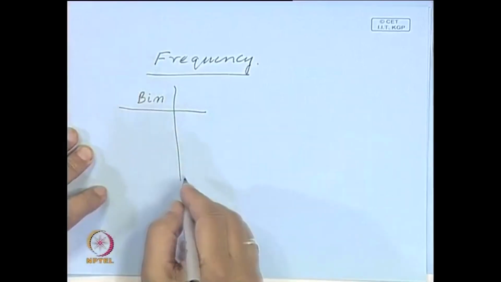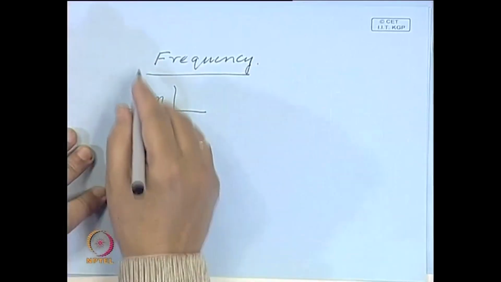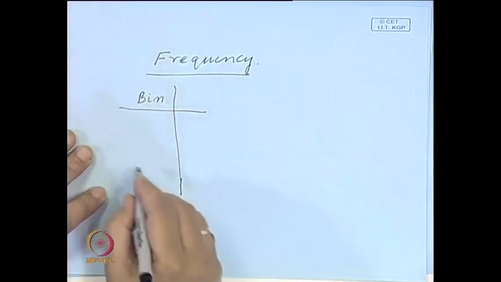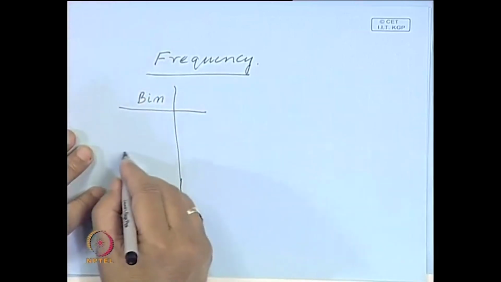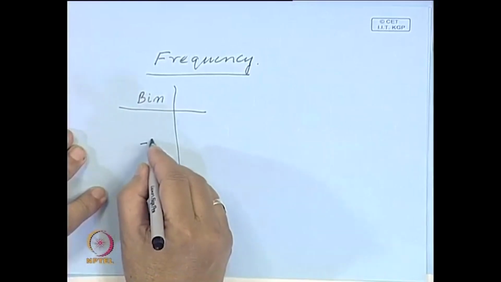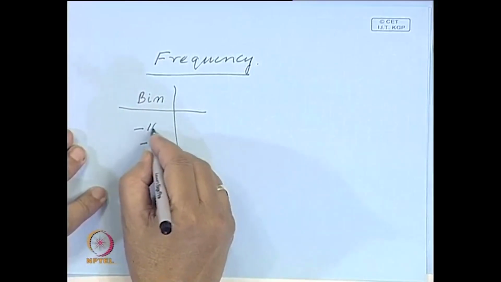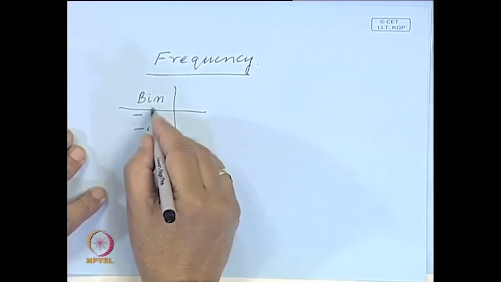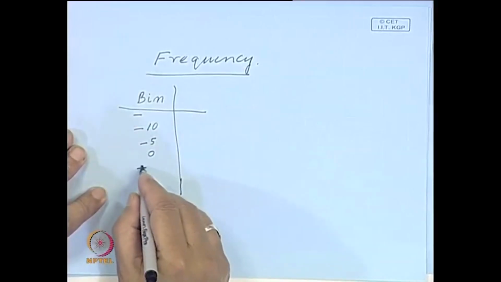Let us say that position is the bin, where the mean is somewhere here at 0, minus 5, minus 10, something like this, and this is plus 5.